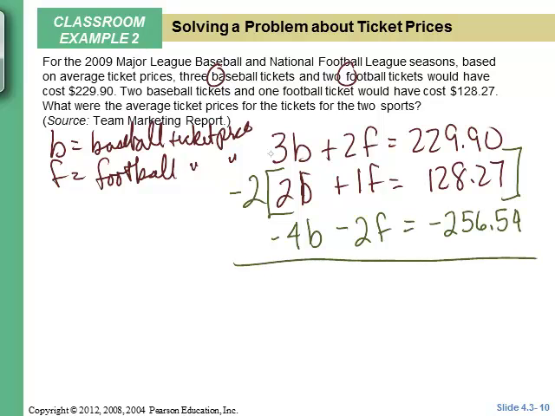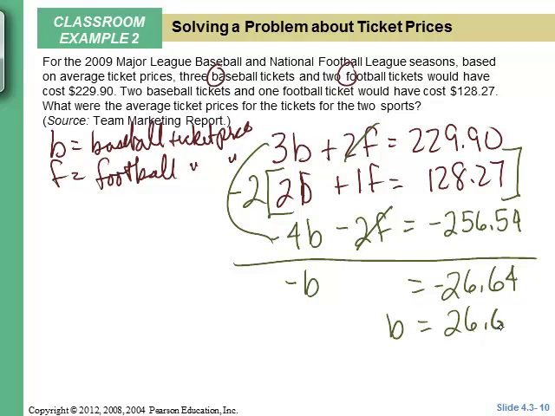Now I'm going to add these two together. 3b minus 4b is negative b. These cancel. Equals 256.54 away from 229.90, and we get 26.64. So baseball ticket cost is 26.64.